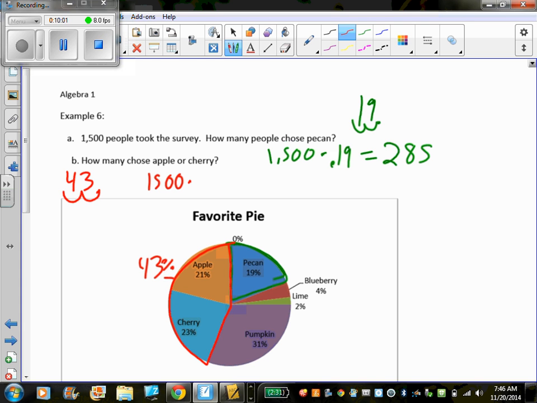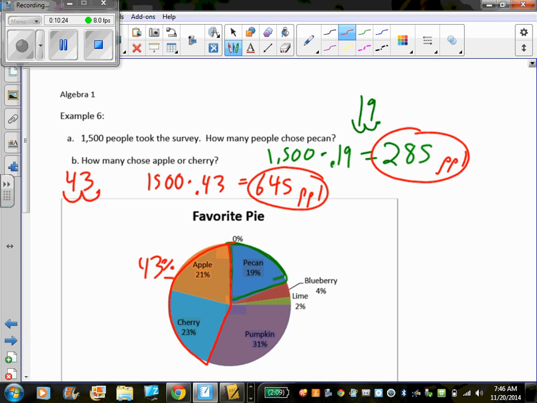We move it over twice to the left, and we get 0.43. So, 1,500 times 0.43 gives us 645. And these units are both people. So there we have the answers to those two questions.